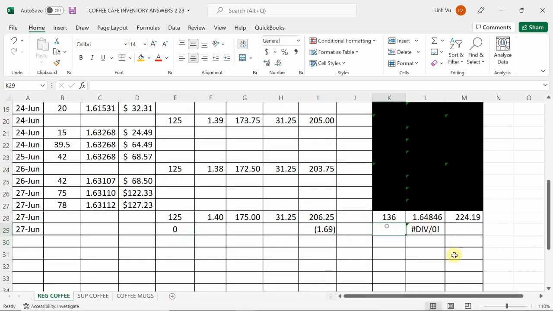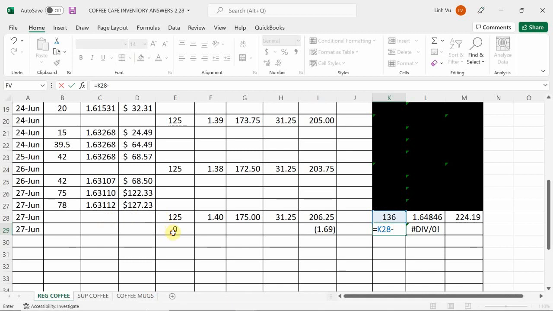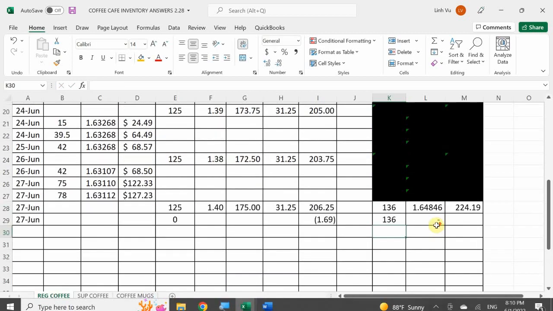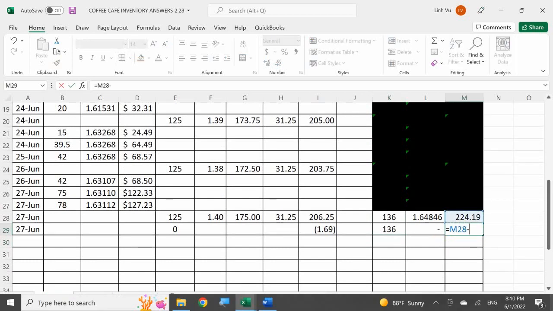So that means the number of pounds I'm going to have is still 136, but I'm going to be discounting my inventory by $1.69.